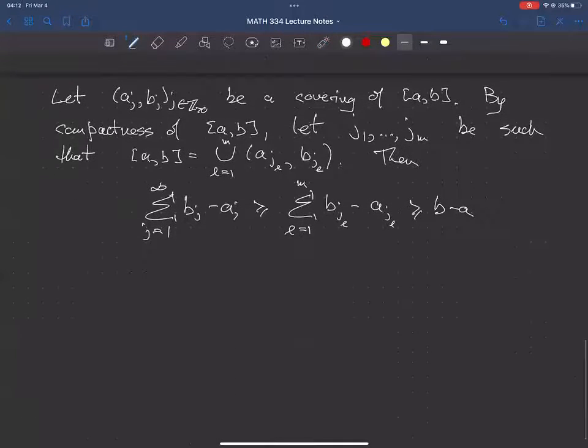So thus b minus a is a lower bound for this set.